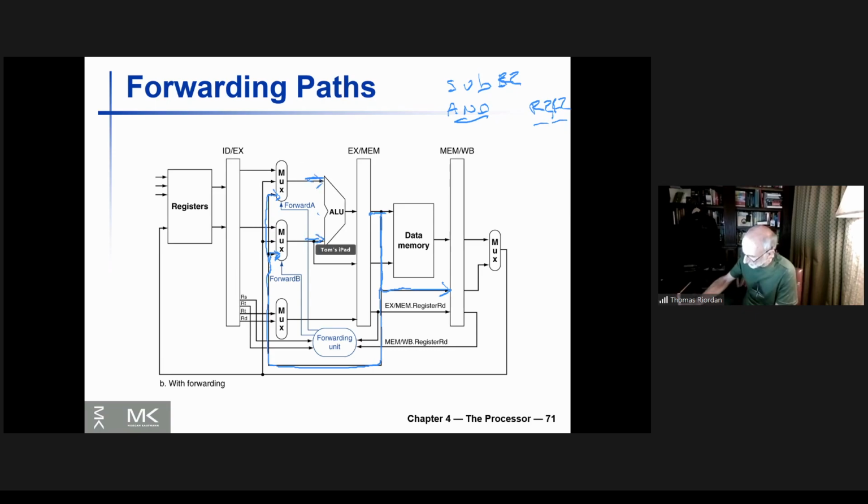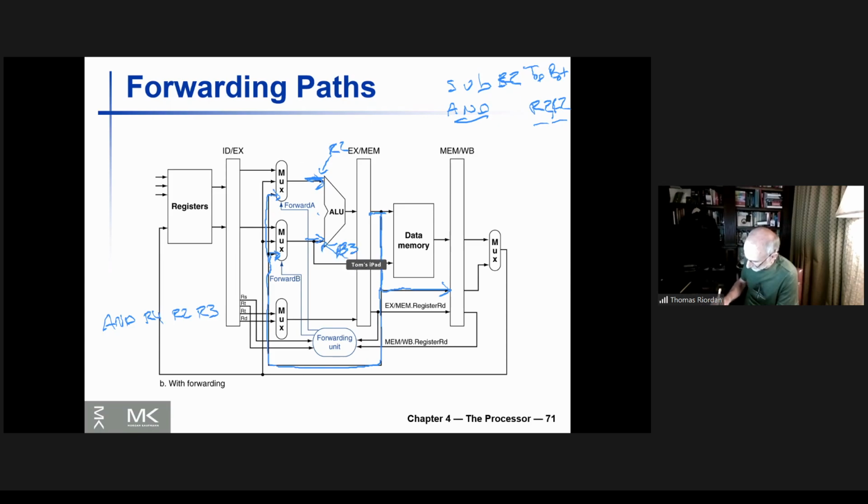And remember, by convention, that this is the top and this is the bottom, top and bottom of the ALU. So if we have AND into R4 of R2, R3, then this is where the R2 is going, and this is where the R3 is going.